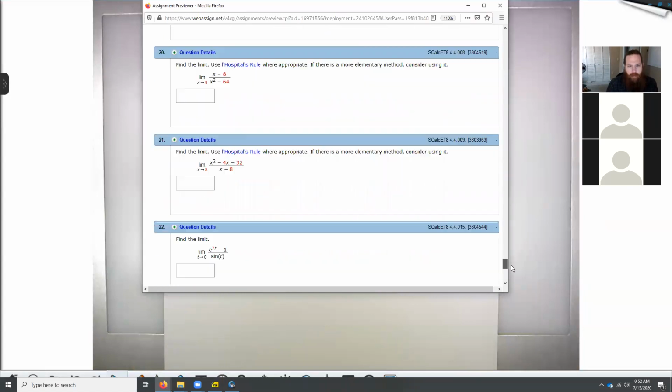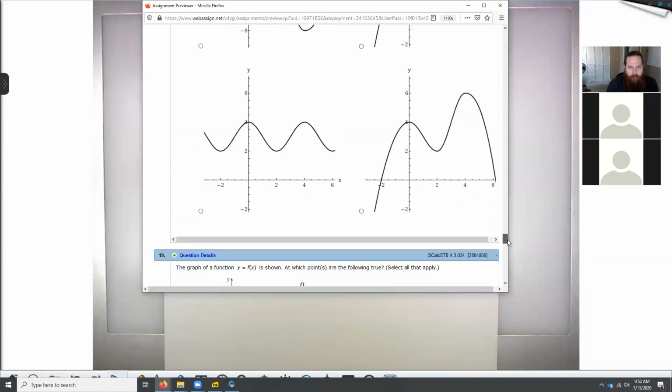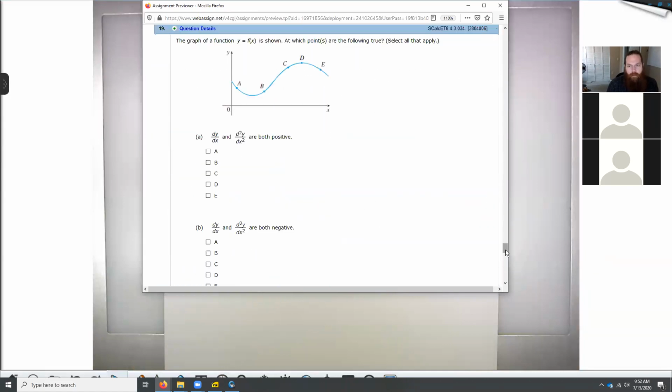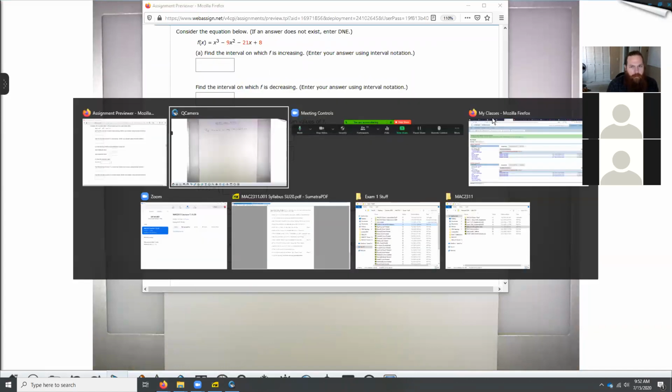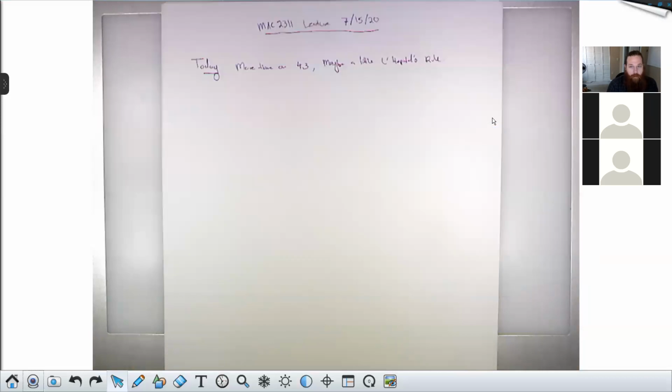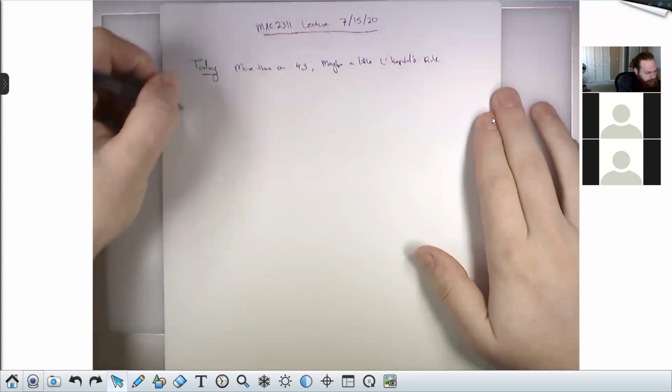L'Hopital's rule we talked about a little bit. Yeah, okay, so that'll be all. There is one more major concept from section 4.3 that we need to talk about. And that's something that Aubrey was just asking about, I think, or at least is relevant to the problem that she was asking about. So let's jump back into that really fast.